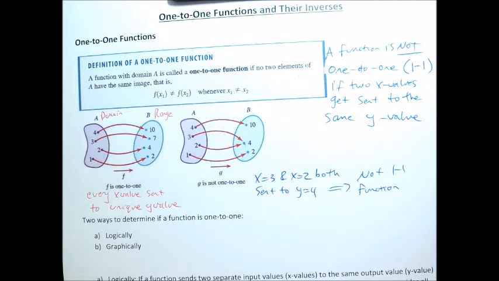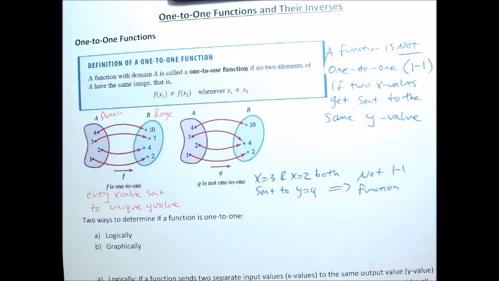So we had the vertical line test with the definition of a function. A function says, or the definition of a function says, every x value gets sent to just one y.